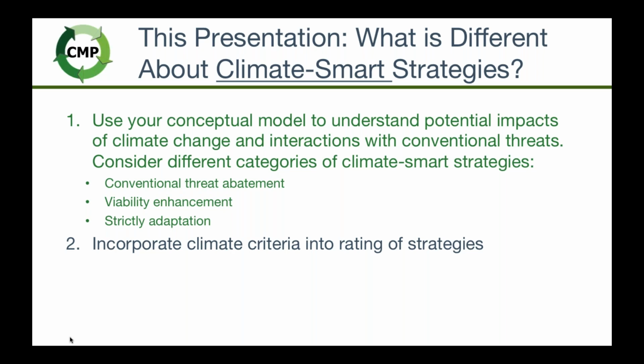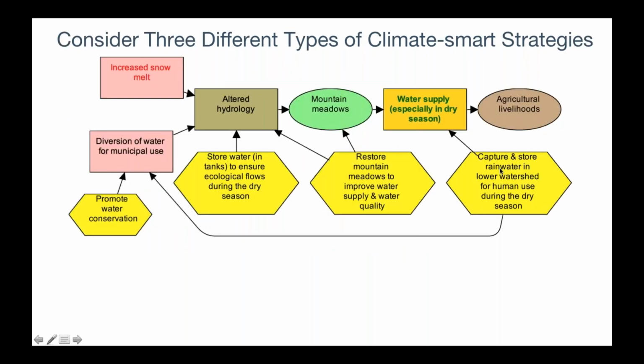And then we do want to develop some climate criteria to incorporate into the rating of strategies, but we haven't really gotten to that yet. So what I'm going to be presenting right now is our categories for climate smart strategies to keep in mind.